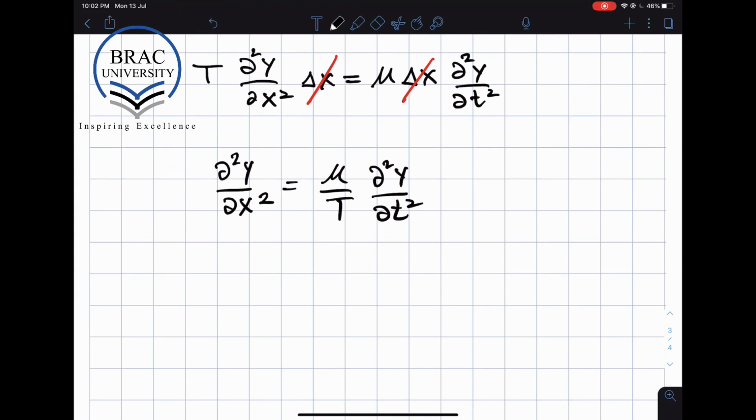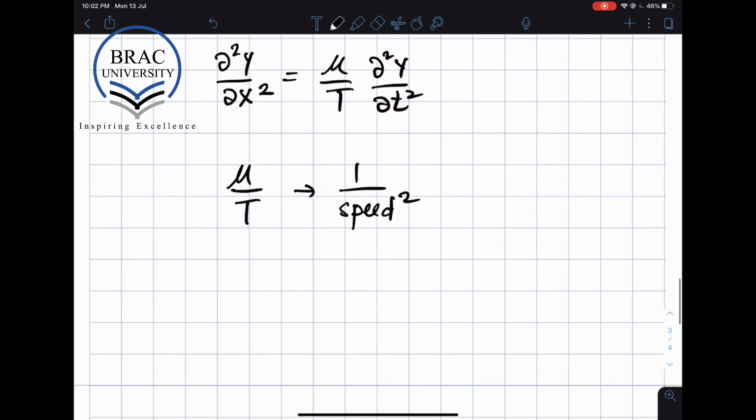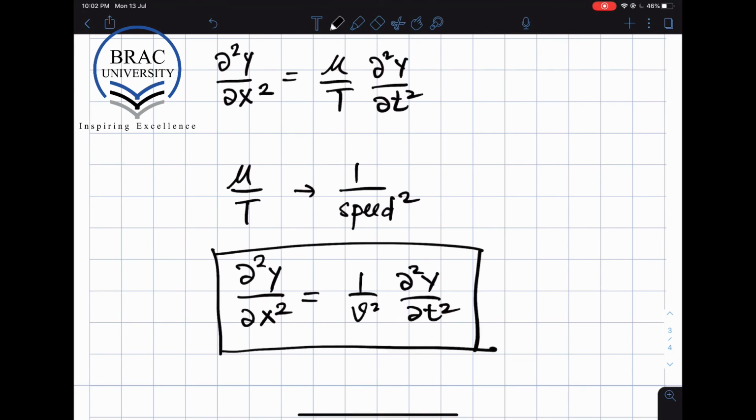But let's make another observation: the dimension of this factor is that of 1 over speed squared. So we can write this equation in the following form: partial squared y over partial x squared equals 1 over v squared times partial squared y over partial t squared. And this is our wave equation in one dimension, in 1 plus 1 dimensions.